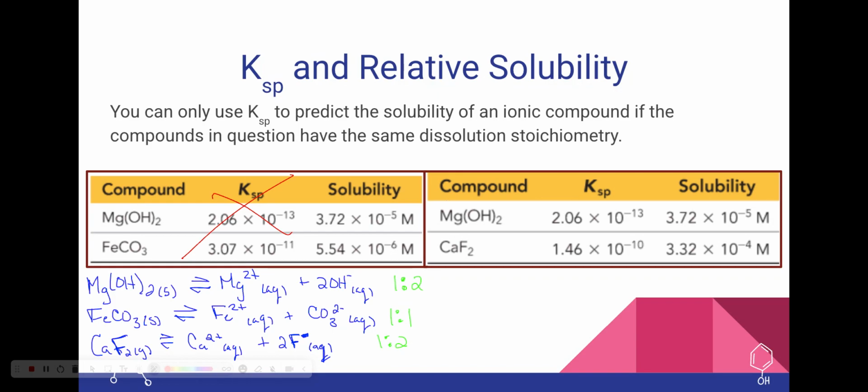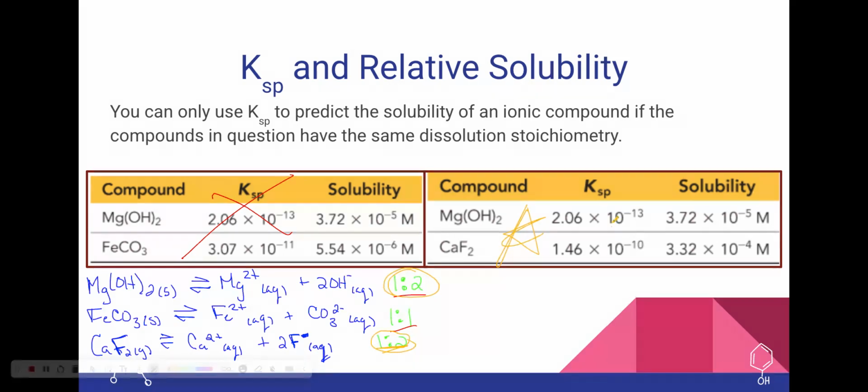And again, that's because they have different stoichiometry ratios here. However, we can compare the values of our magnesium hydroxide to calcium fluoride because they have the same dissolution ratio.